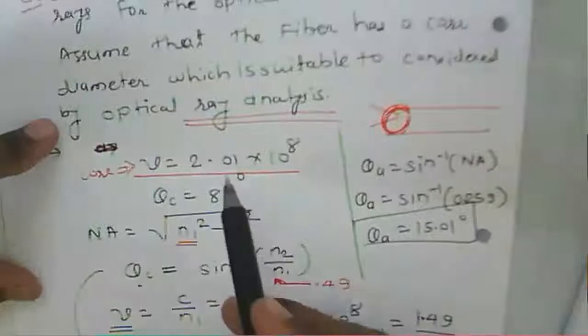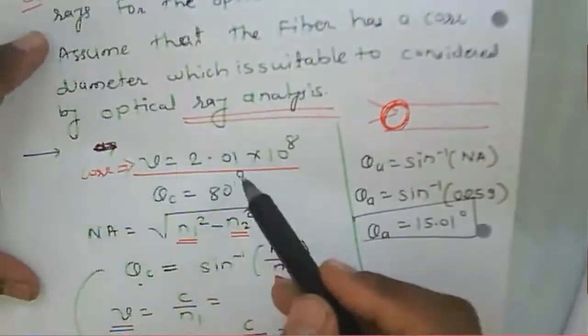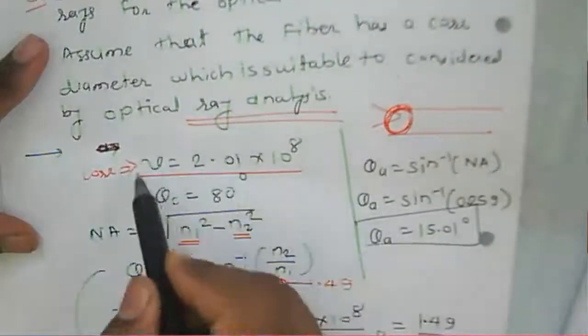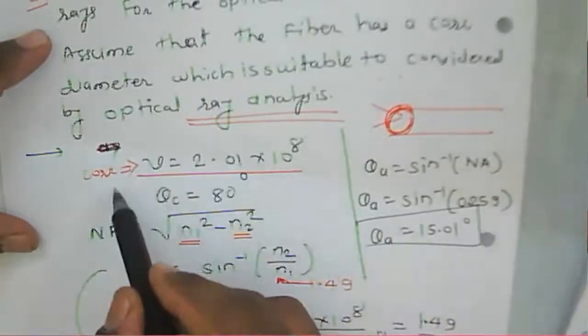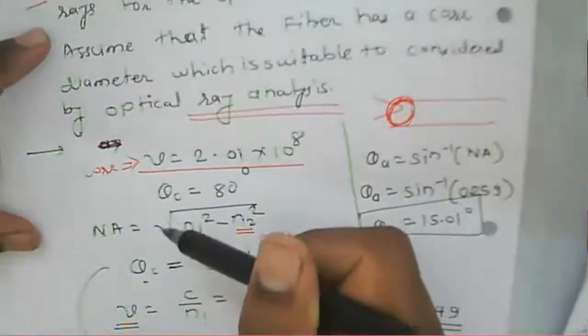But here only these two terms are given, that is the critical angle and the velocity of light propagating through the fiber core. Light velocity is given, that is in a core. So from the core in which light is propagating, we can find out the refractive index from that.